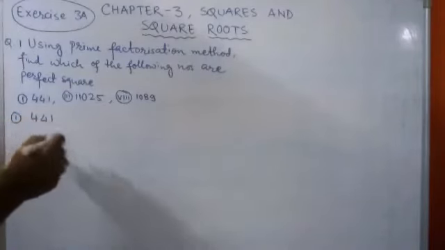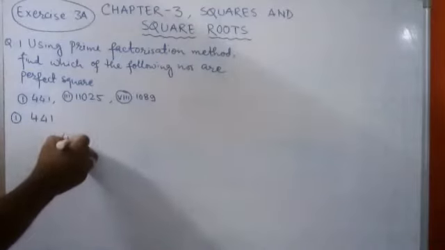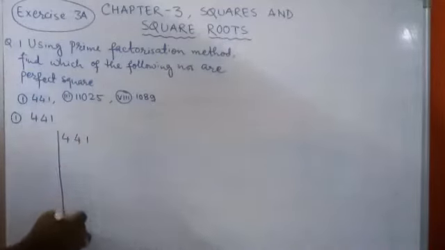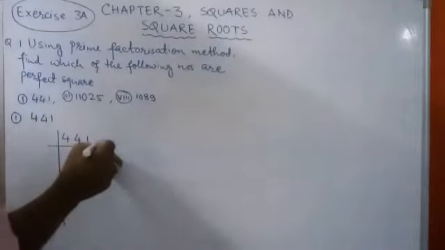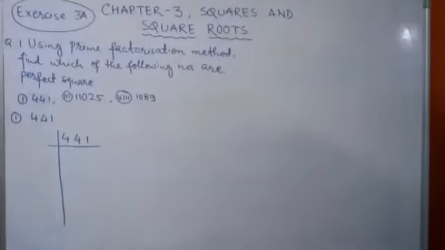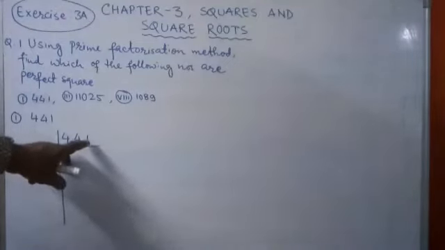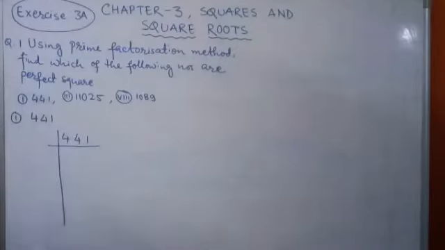Now first one, 441. As you already have knowledge of the test of divisibility of a number, here we see the number in ones place is 1, and after that 2 numbers, 4 and 4.